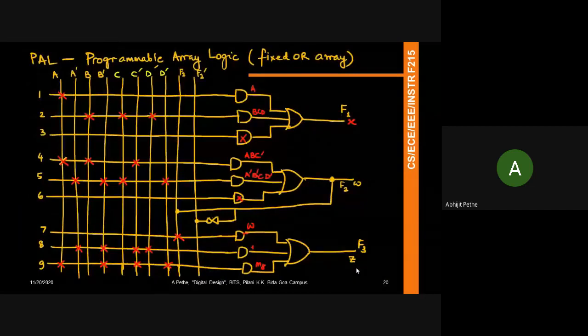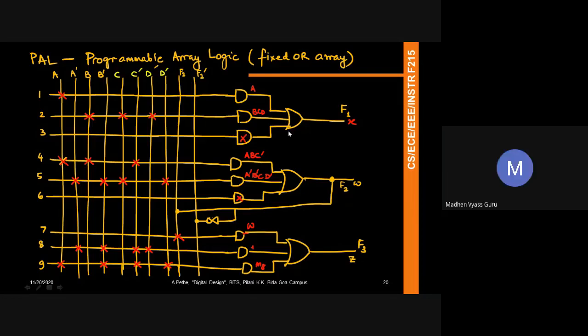When you're drawing an X under the AND gate, all I'm saying is that I'm not using that AND gate. That is, all these fuses are essentially open. So this output is going to be high impedance, which means it won't really impact what is happening here. Okay, sir, thank you.